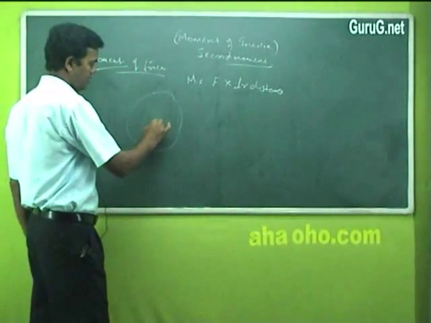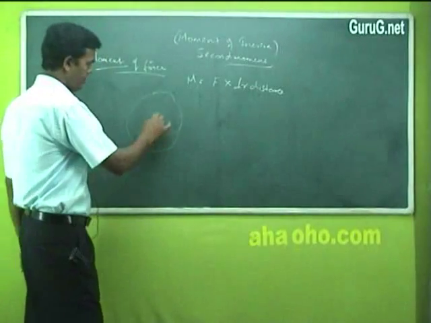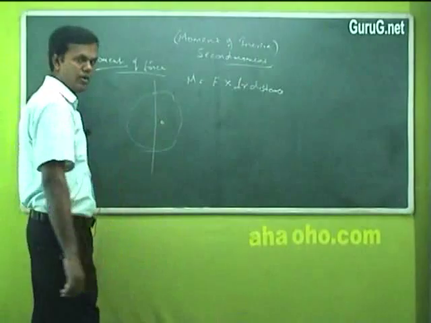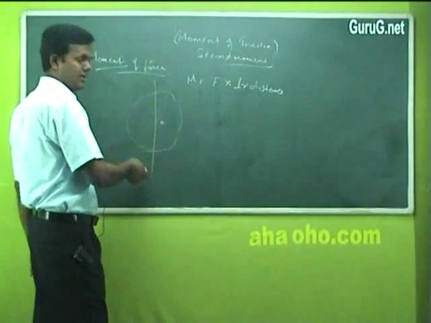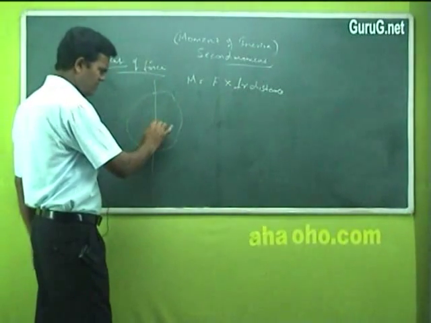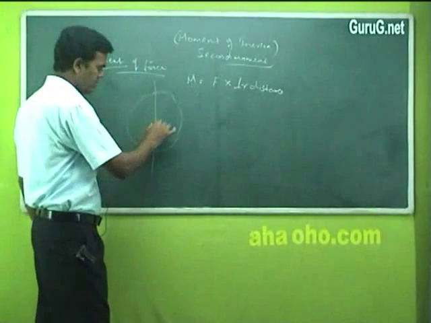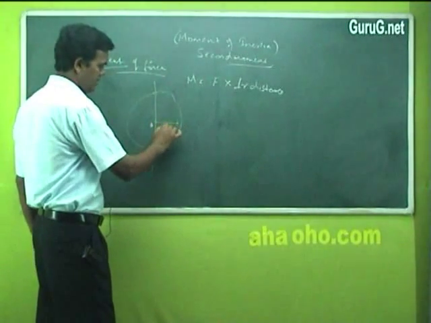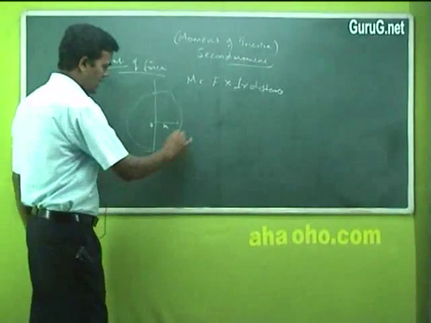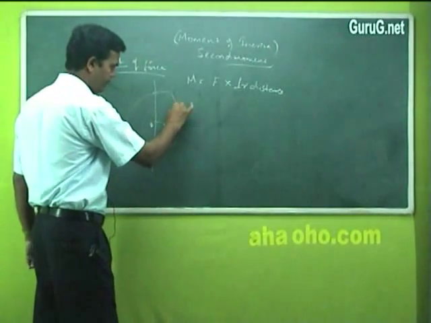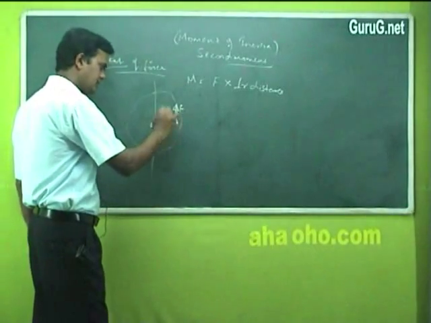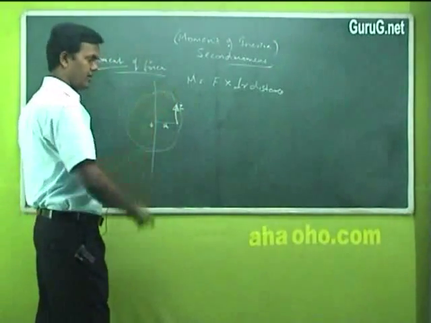This point is my center point, O. I'll draw the y axis line. I consider from this point O a distance, say, x. This distance is x. I have a force F.